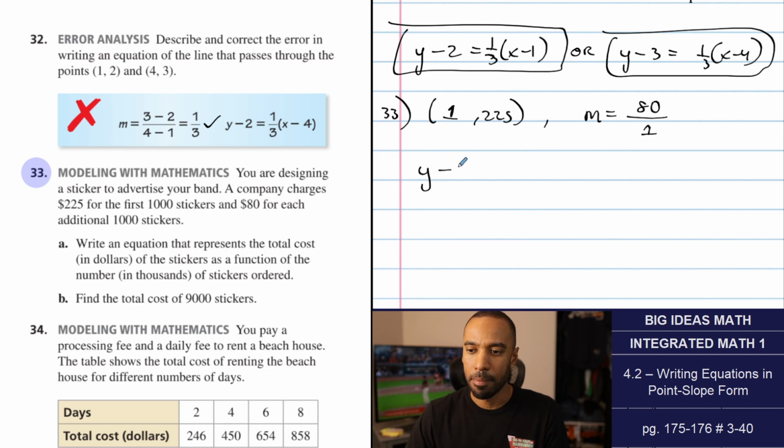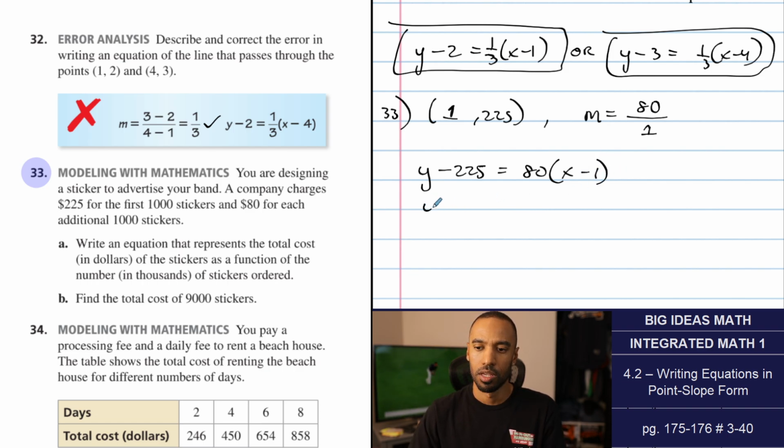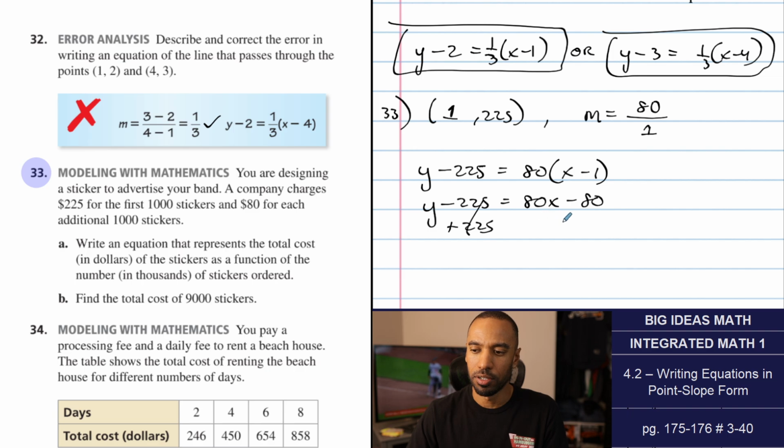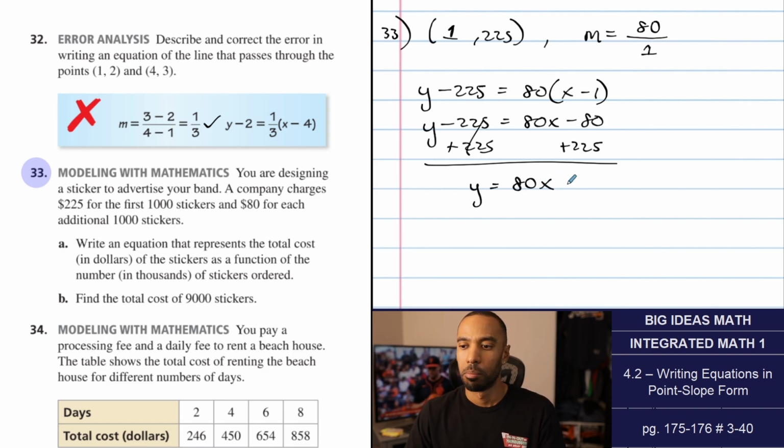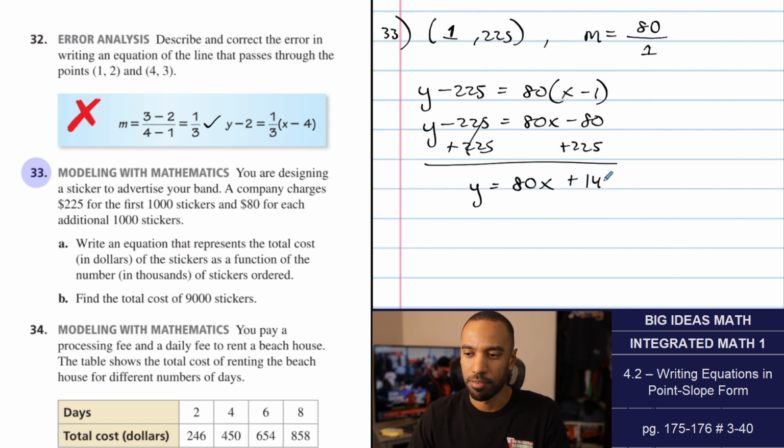All right, we're going to do y minus y1 equals m times x minus x1. So this can be y minus 225 equals 80x minus 80. And if we add 225 over, now we'll get the cost. The amount that we charge is $80 per 1,000 stickers times the number of sets of 1,000 stickers, plus an additional, what's that, $145?